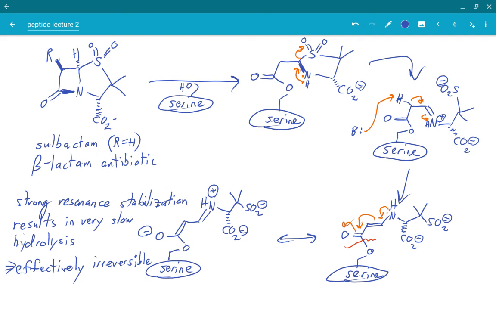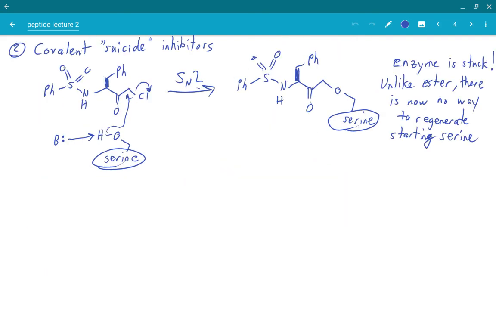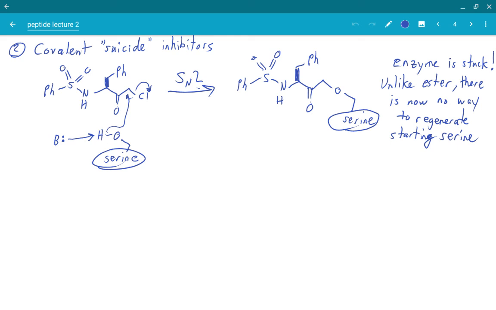So I think this highlights the ways in which we can use mechanism ideas, but also structure design and reaction design, to think about how molecules will interact with enzymes. We went through three pretty different classes of suicide-type inhibitors that have all been used, clinically or in medicinal chemistry contexts, to think about how to selectively block enzymes.